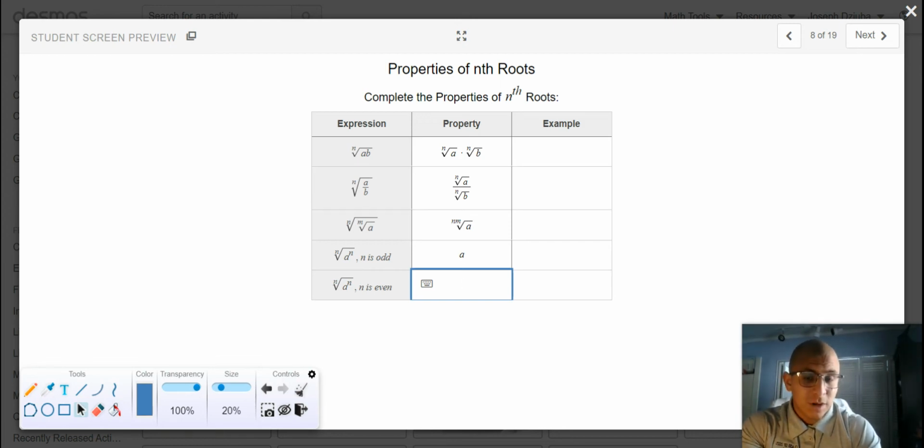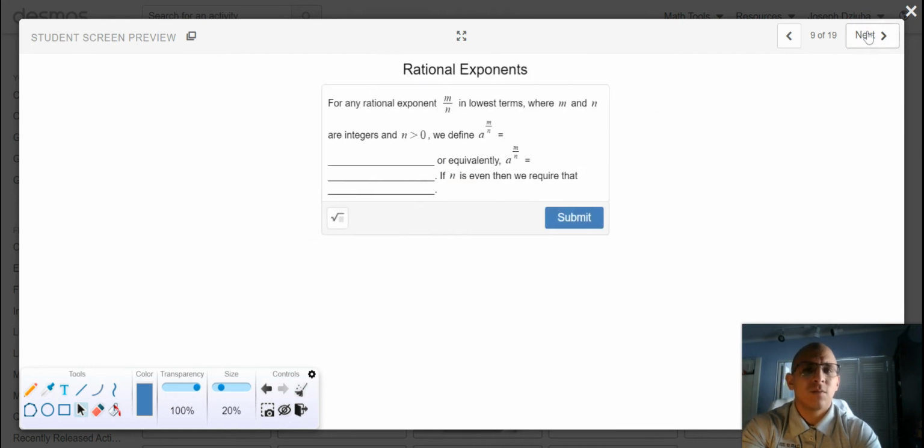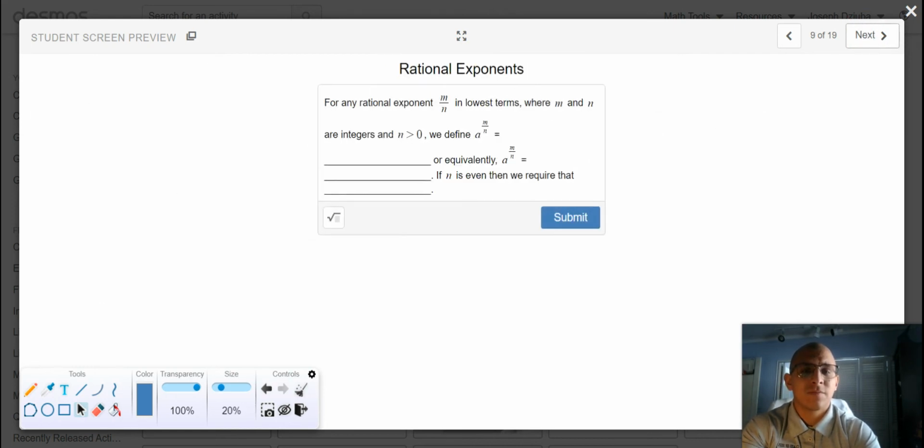However, when n is even, i.e. squared, fourth, sixth, eighth, we must take into consideration that we will arrive at two values, the absolute value, and when you go to create your numerical example, that should kind of solidify this journey here. Once again, if it's something that is a little confusing, let's bring it up in class together, where we can have a discussion about it.